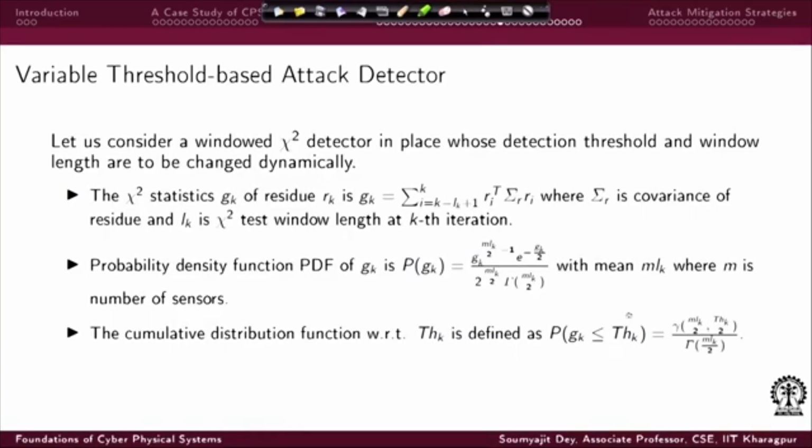For now, let's just consider it in the form given here. So, these are the gamma functions, and you can see the parameters are the threshold, the number of sensors m, and the window length on which I am computing the chi-square stat.